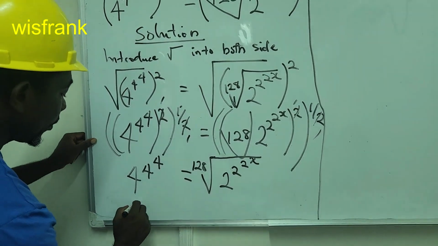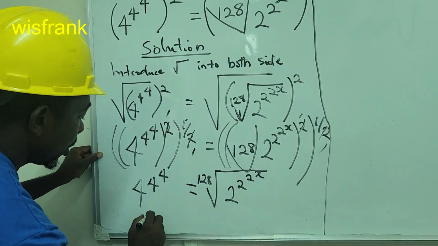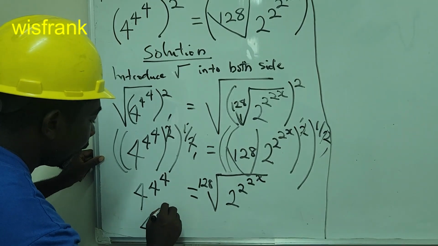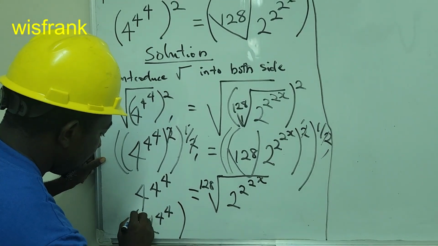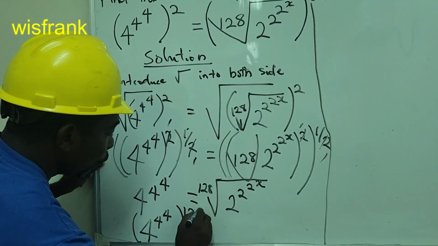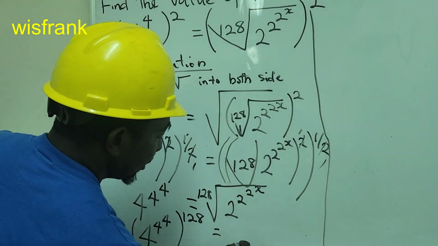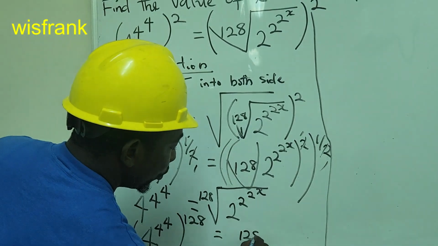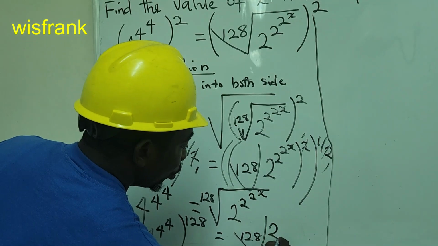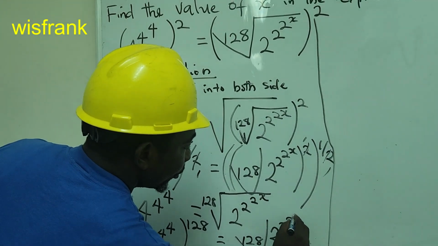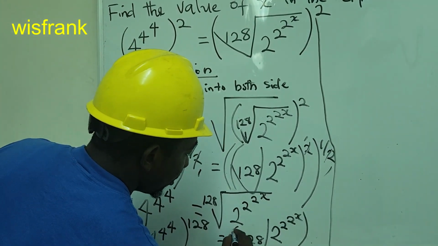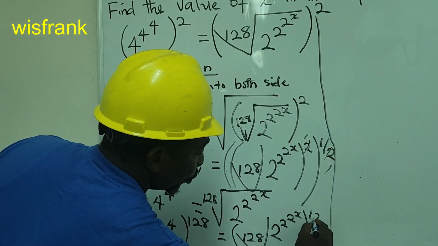It is going to be 4 raised to the power of 4 raised to the power of 4 all to the power of 128, which is the same thing as 128 root 2 raised to the power of 2 raised to the power of 2x, all to the power of 128.